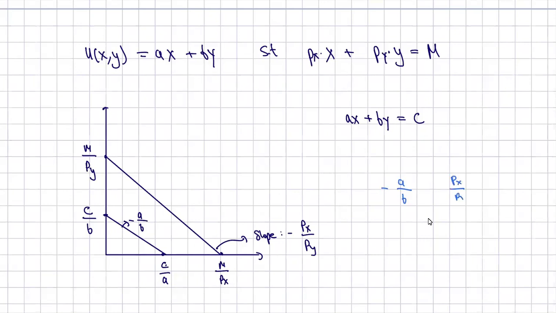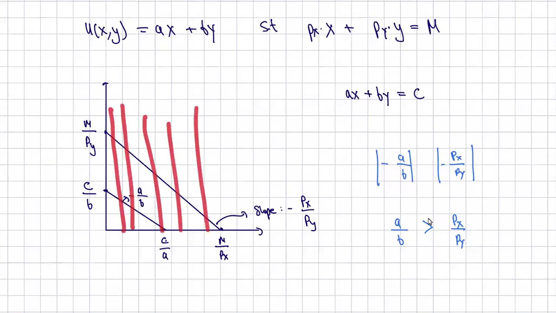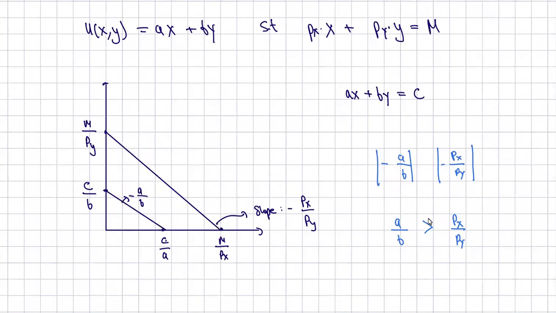So minus Px over Py is the slope of the budget constraint. We generally care about the positive values, so we can take absolute values and simply compare a over b to Px over Py. If the indifference curve is steeper, you can visualize that the corner solution is where I consume only x, so my x star is M over Px.